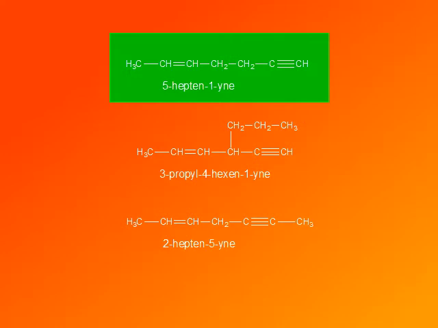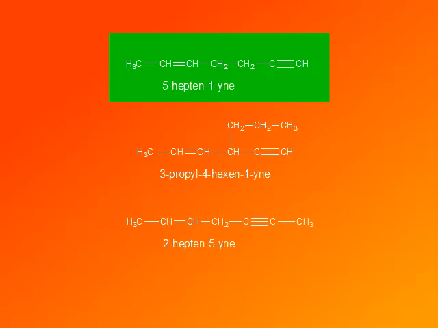We include number 5, which refers to the double bond, before the name of the compound. So at the moment, the name of the compound is 5-heptene-ine. And finally, we split the suffix. So we split "-ene" and "-ine", separate that with dashes, and in that separation include the number that refers to the second functional group, to "-ine", to the triple bond.